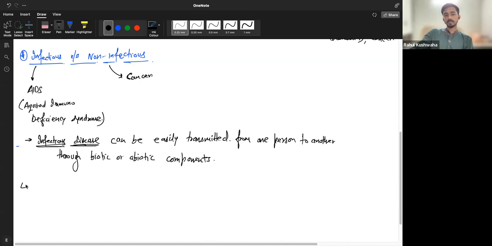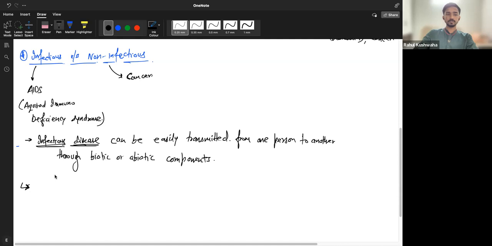Write down a non-infectious disease. A non-infectious disease does not spread from person to person, but can be fatal.